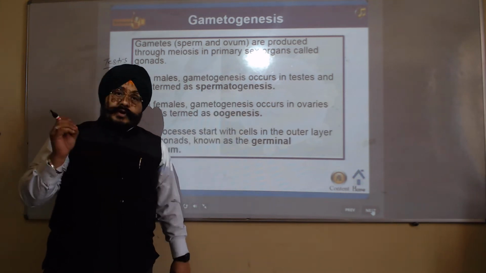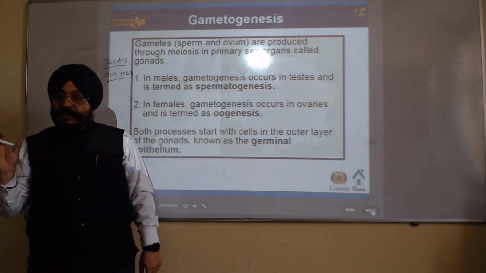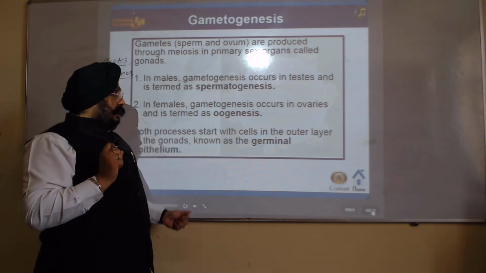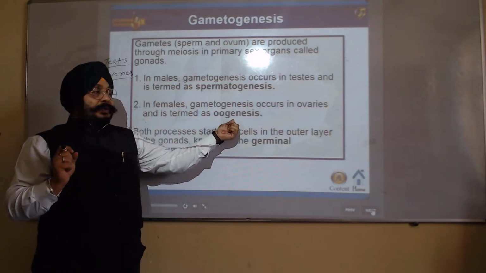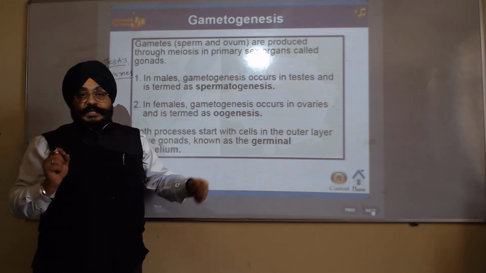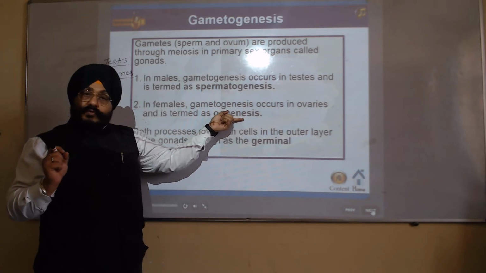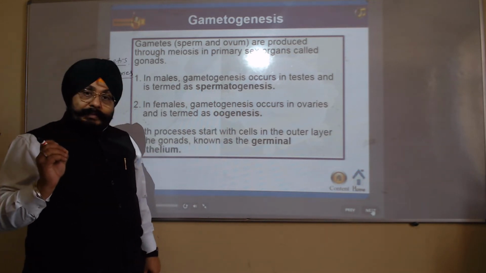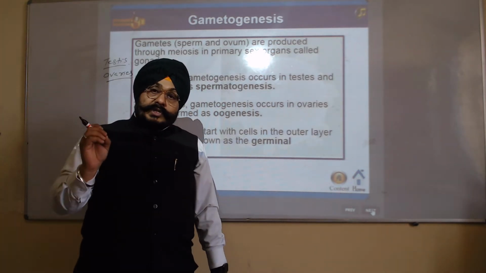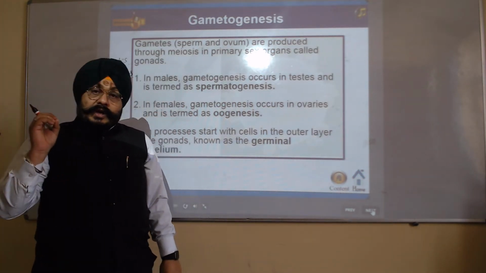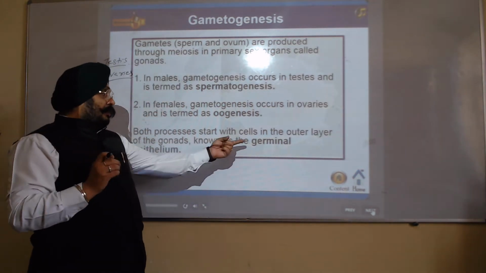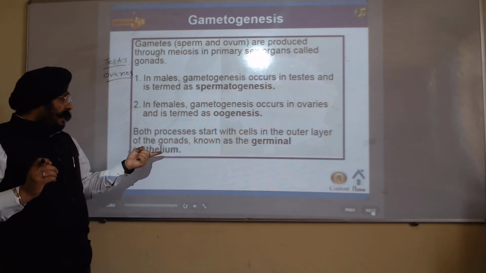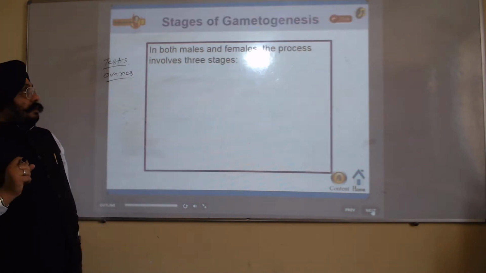It means the formation of sperm cells or the male gamete. In the female, it is known as oogenesis, that is the formation of ovum or the female gamete. Both gametes are formed from a specialized layer within the gonads known as germinal epithelium.